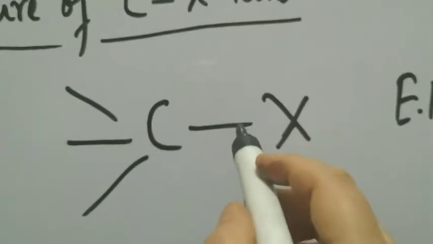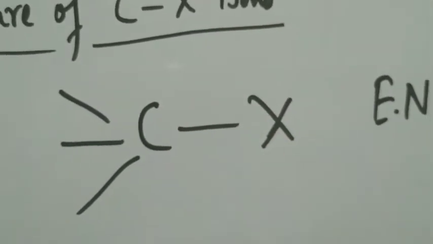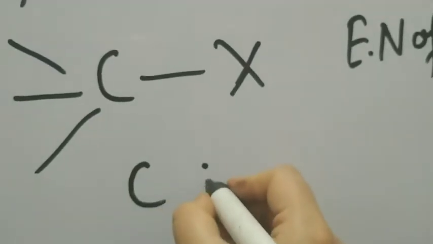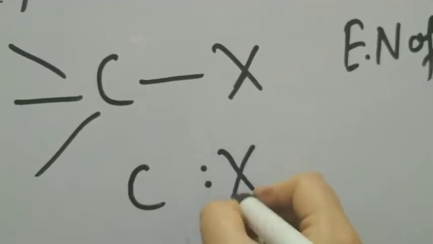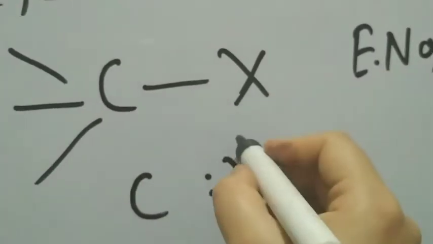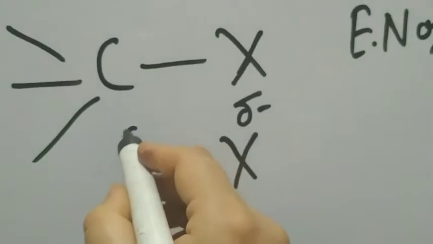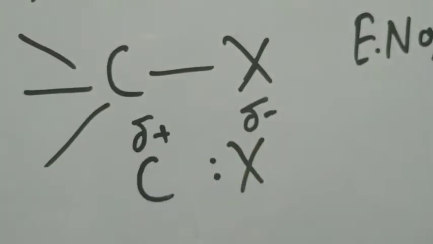लेकिन सभी halogen atoms की electronegativity is more than carbon, right? Because of which your shared pair of electrons, it will be more towards X, and due to which X will have a slightly negative charge on it and carbon will have a small positive charge on it.